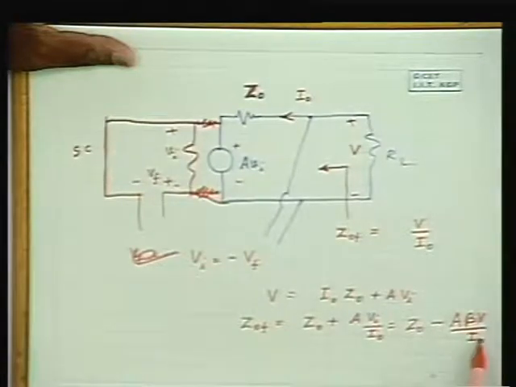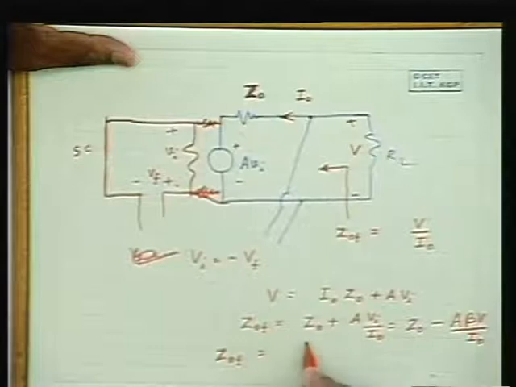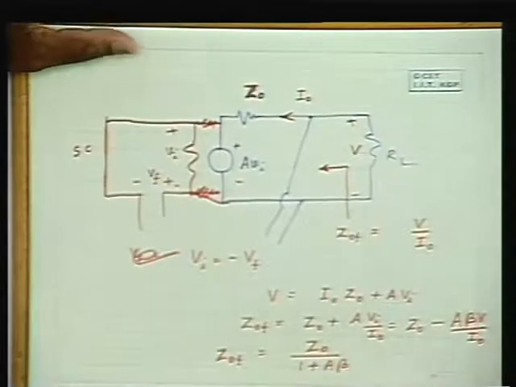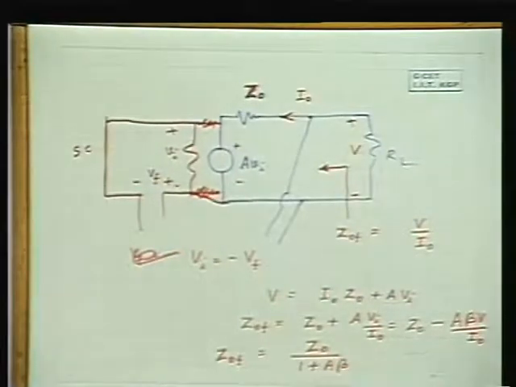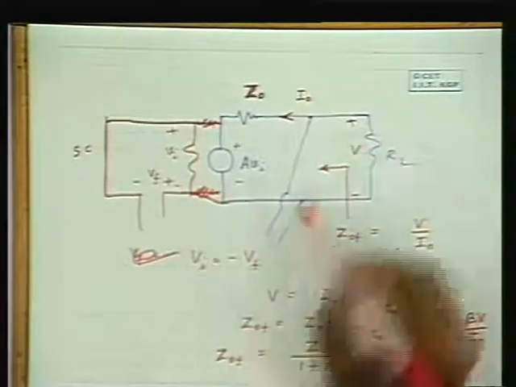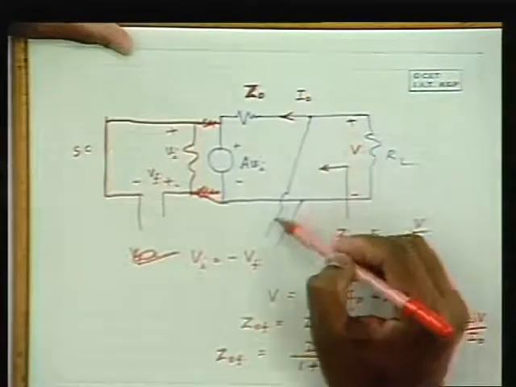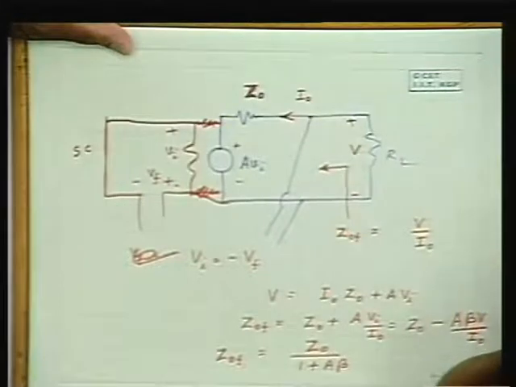Now, V by I naught is ZOF, and if I bring it to this side, I will get ZOF as ZO by 1 plus A beta. This is how the output impedance goes down the moment the feedback is voltage feedback.